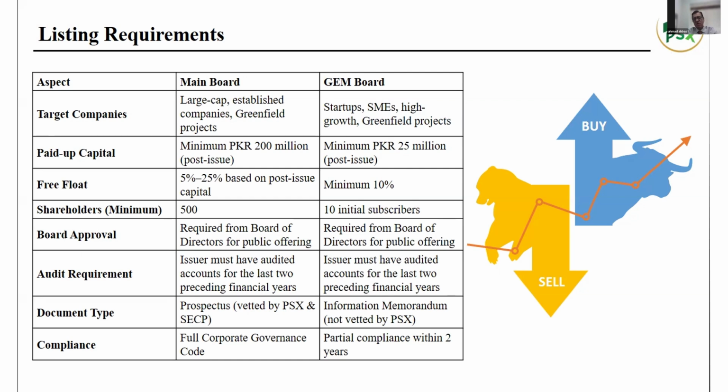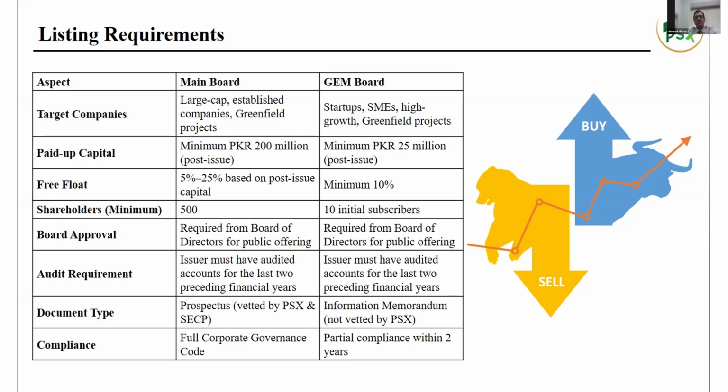Although PSX and SECP do give approval for the prospectus, the model that we follow is basically buyer beware. So it's mostly disclosure based. Everything has to be disclosed in the prospectus. And our timelines, I can tell you one thing, are very squeezed.